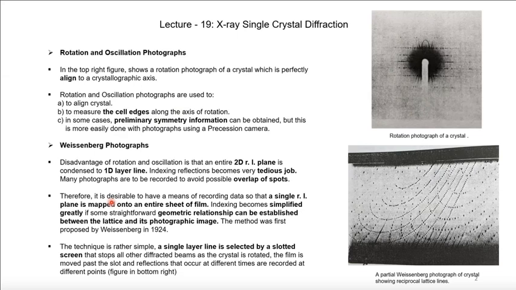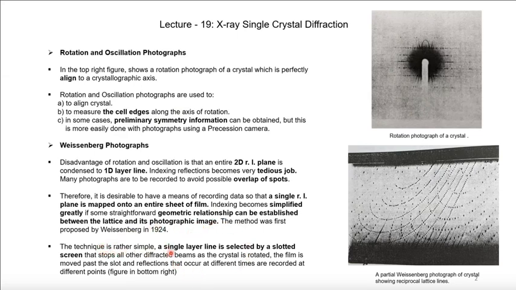Therefore, it is desirable to get a record of a single lattice plane mapped onto the entire sheet of film. Indexing becomes greatly simplified, and a straightforward geometrical relation can be established between the lattice and the photographic image. This method was first proposed by Weissenberg in 1924.